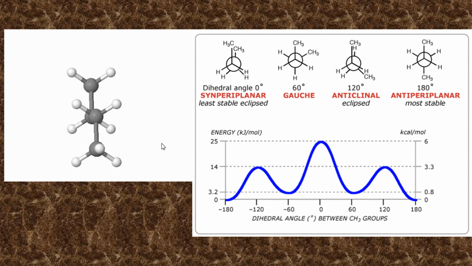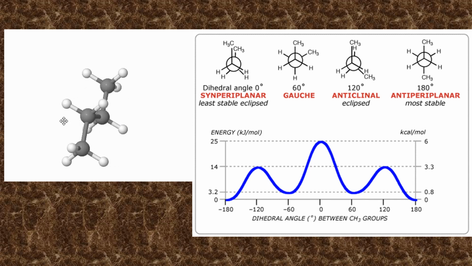Let us see what happens when we do a rotation about the carbon-carbon single bond between carbon number 2 and 3. This carbon number 2 and 3, they are connected by a single bond. Let us do a rotation about this bond.